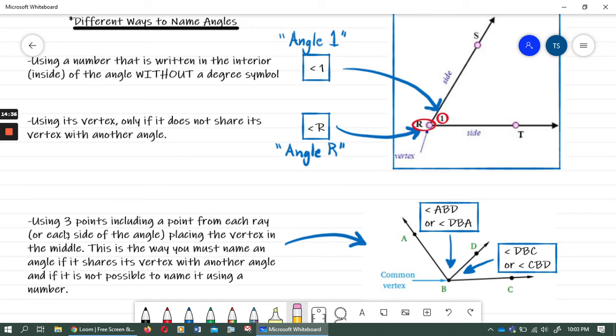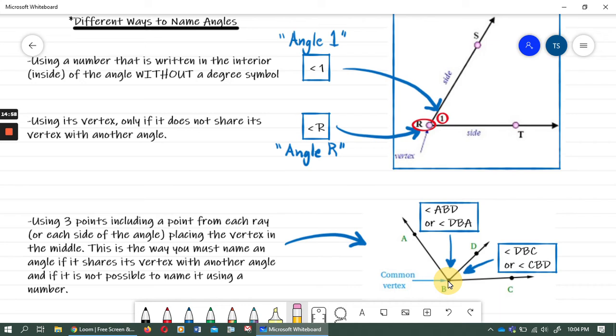This method of naming an angle using 3 points is the way you have to name an angle if that angle shares a vertex with another angle. You see in this diagram how, for this vertex B, there are 2 different angles sharing that same vertex.